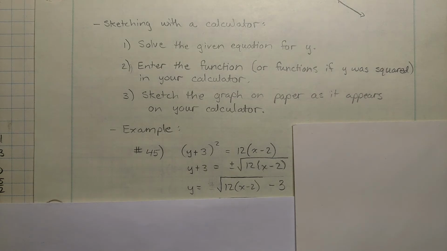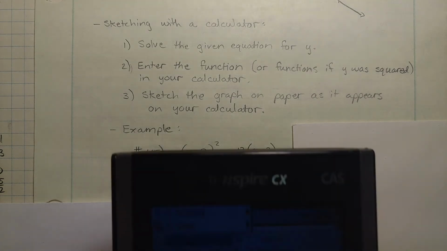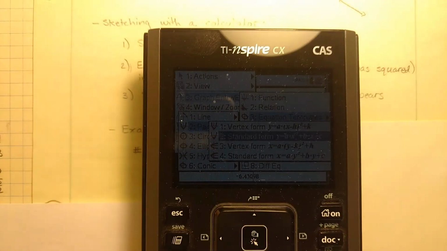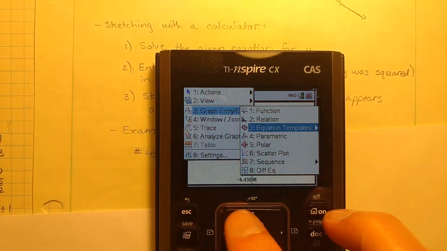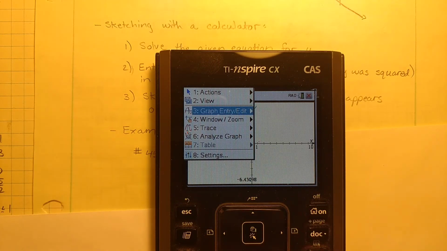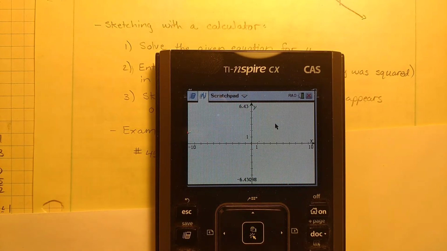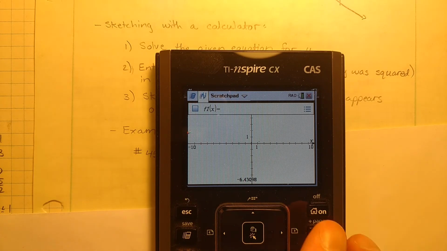Then I'm going to take my calculator. So I've got this solved for y, and I just go back to my regular old graph screen. And I'm going to enter both the positive and the negative.